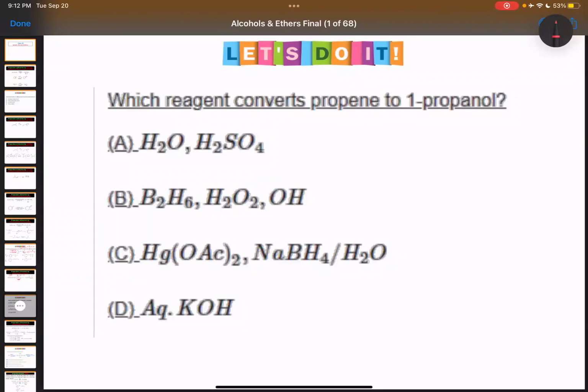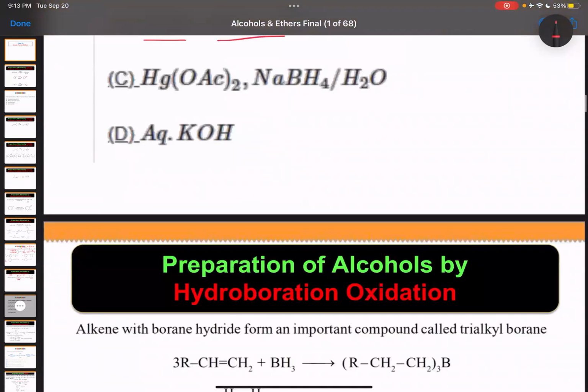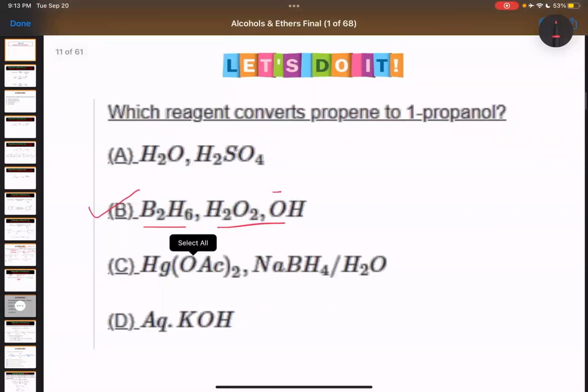That is the important thing you should keep in mind. So what's going to be the answer to this one? B, sir. Yeah. So propan-1-ol means OH is on the outer side, meaning anti-Markovnikov addition, so it is hydroboration followed by oxidation. Basically, if you want to add a hydroxyl group on the outer carbon, you will use hydroboration oxidation.